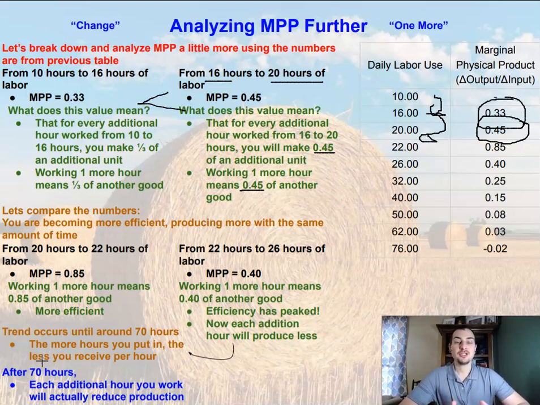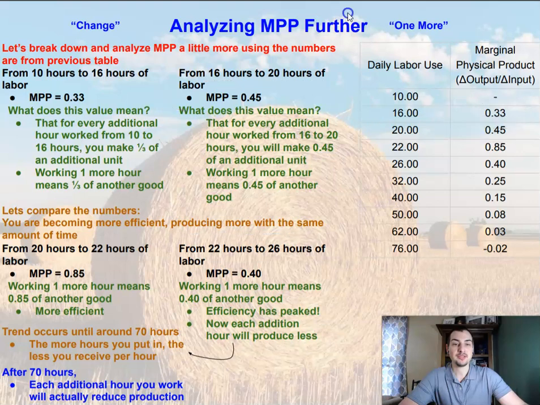It means you're producing more per additional hour. You can get more done per additional hour in this time frame than in that one. So it means that you're becoming more efficient. You're producing more with the same amount of time.